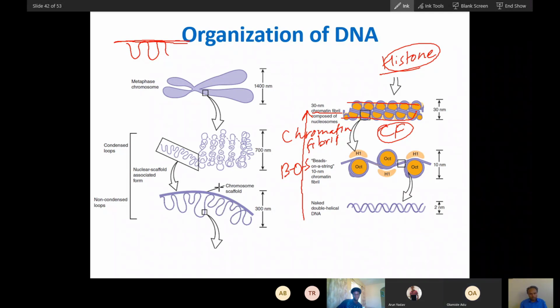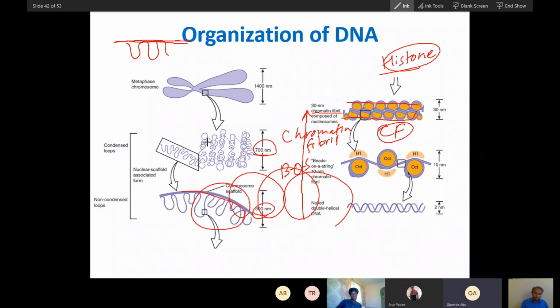It is difficult to imagine, but remember it folds like this. So this condensed 300 nanometer structure again condenses into 700 nanometer, and this 700 nanometer is nothing but the chromatid.